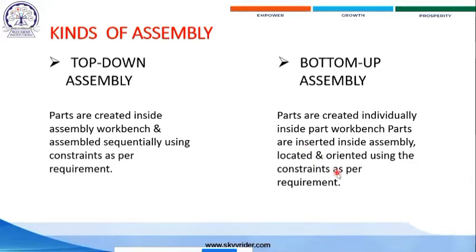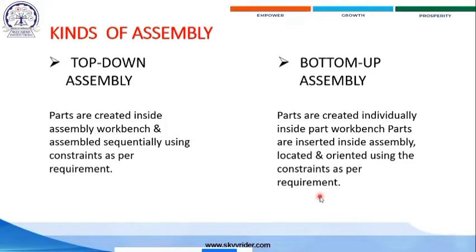And bottom up assembly says that parts are created individually inside the part workbench, then inserted inside the assembly, located and oriented using constraints as per the requirement. That means in bottom up assembly, you have already made some components separately and renamed them, and after that you enter the assembly workbench, call them one by one, and assemble sequentially.